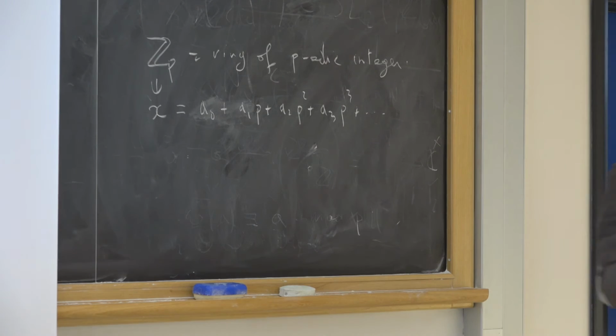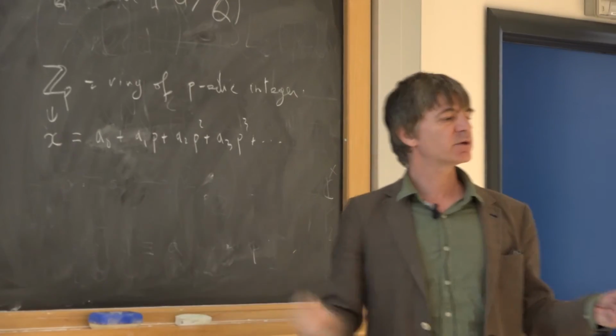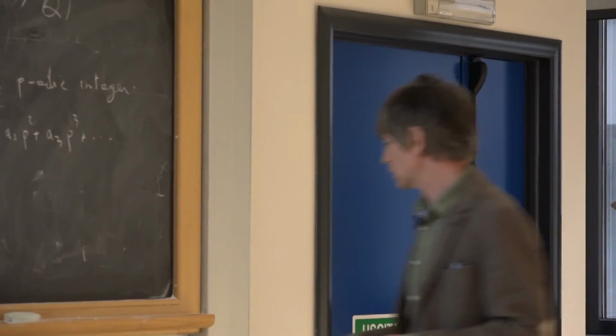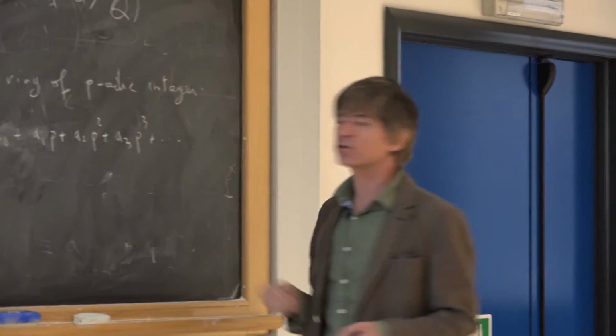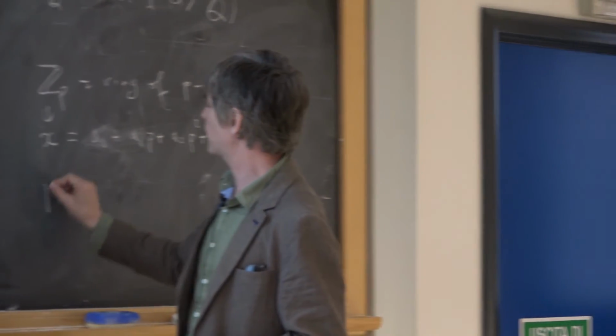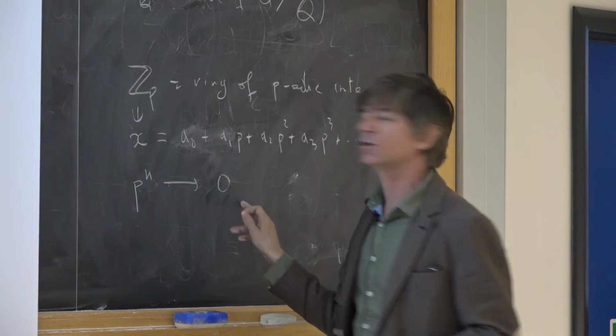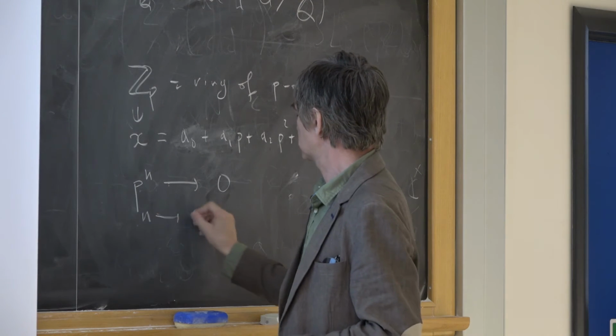If you take a real number, you know that you can consider a decimal description of your real numbers, and so you can think of a0, a1, a2, a3 as the decimals here, but just for the prime p. And of course, if you look at this in the real numbers, this is not convergent, but in Zp, you have a topology such that for this topology, p^n goes to 0 when n goes to infinity.